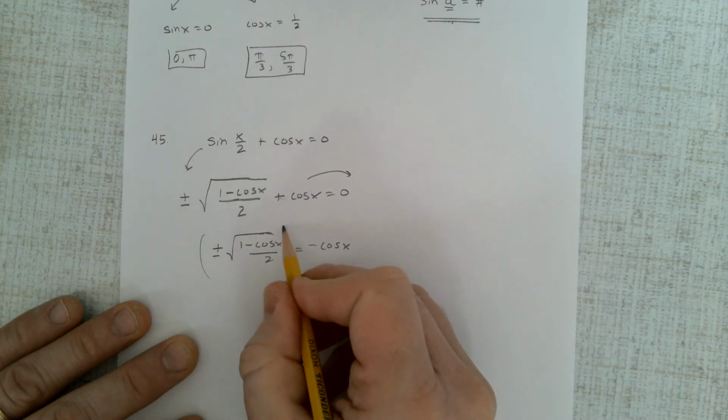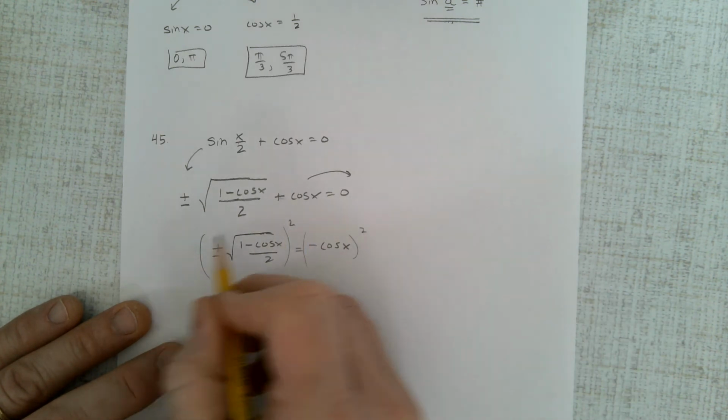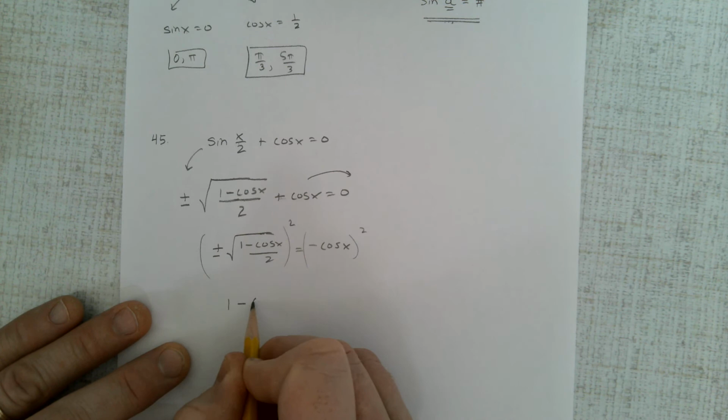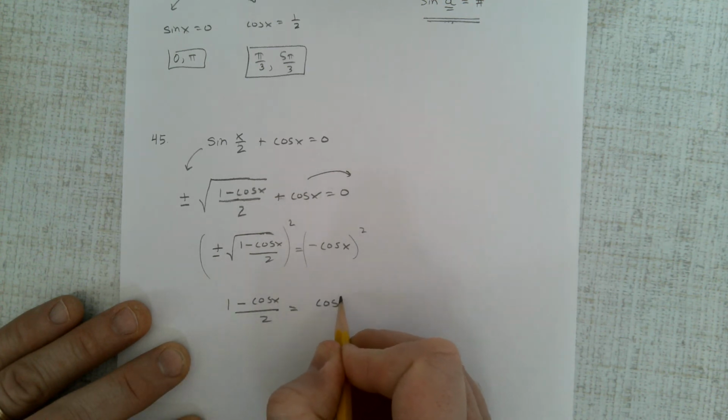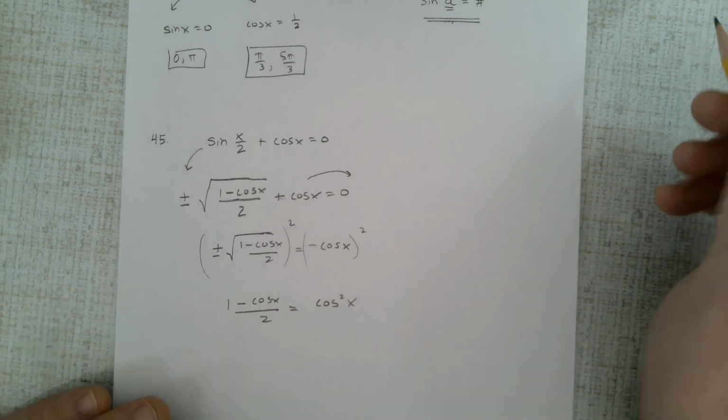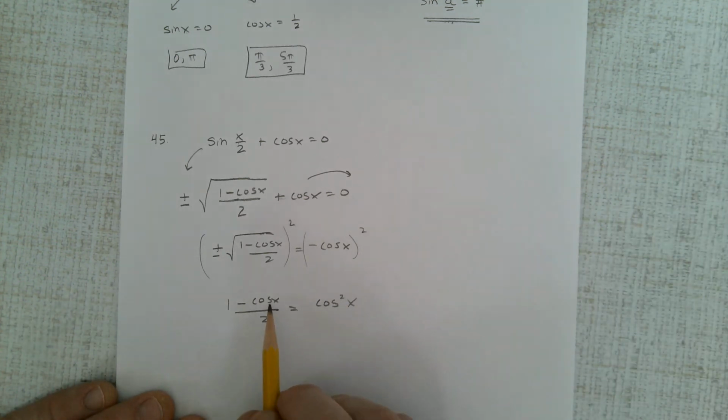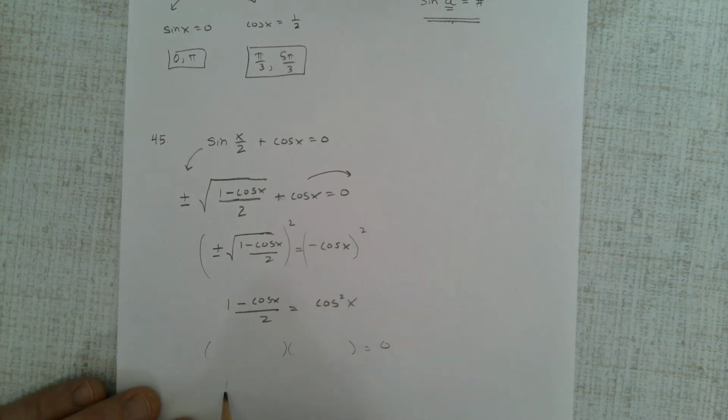Now I can square both sides, which eliminates the square root, and it changes that to cosine squared x. And now I have just x. What can I do? Move it around, factor it. I'm going to tell you what, when you do this problem and you factor it as a trinomial, you're going to have 1, 2, 3 solutions.